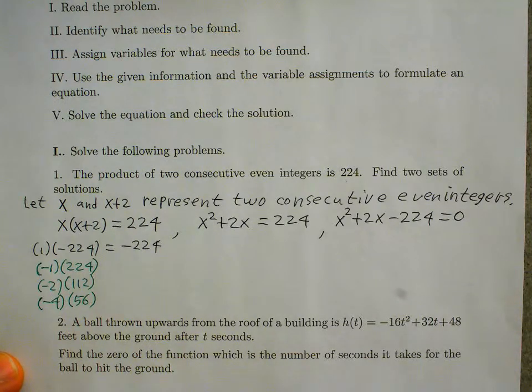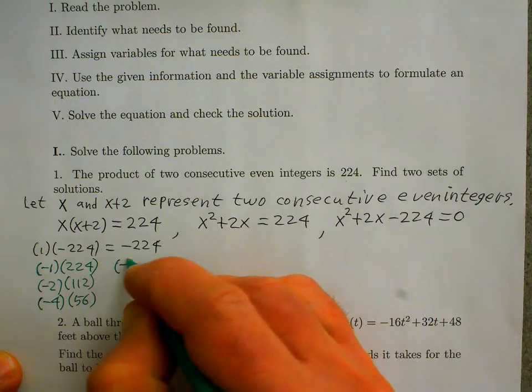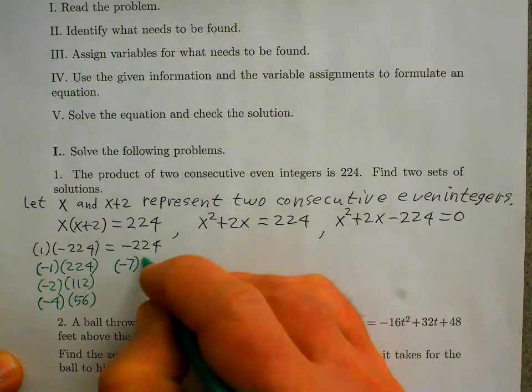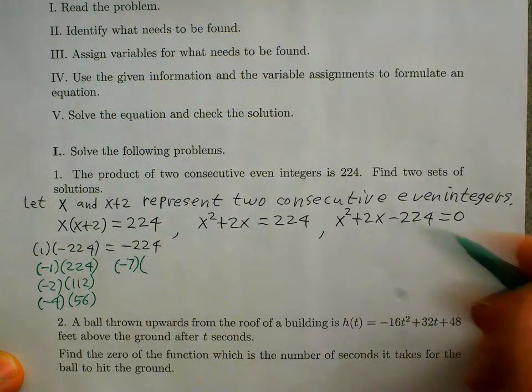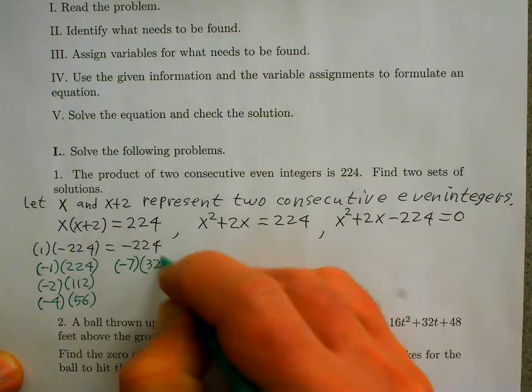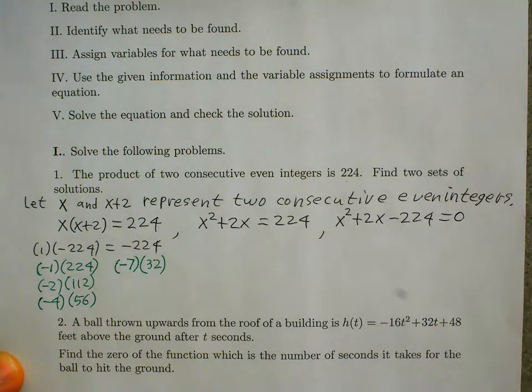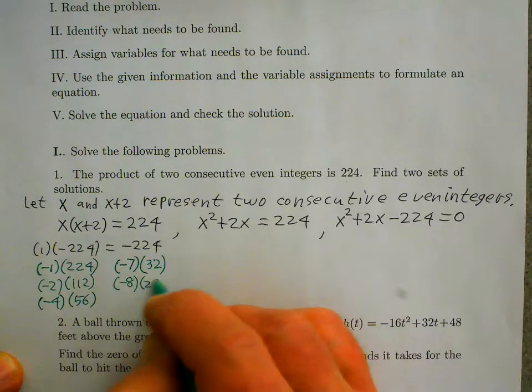Negative 6 is not a factor. But negative 7 times 32. Those add up to 25. Negative 8 times 28.